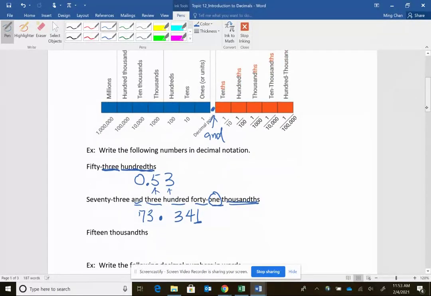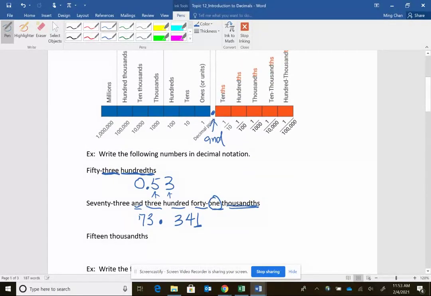Because if I would say 73 and 341 ten-thousandths, that means the 1 now has to be sitting on the ten-thousandths place.